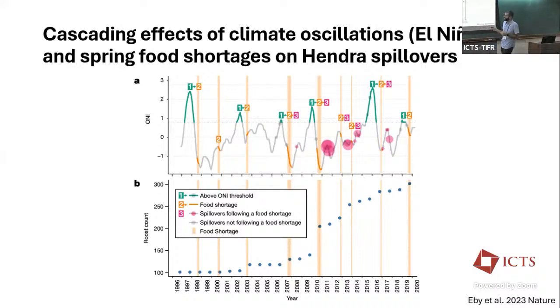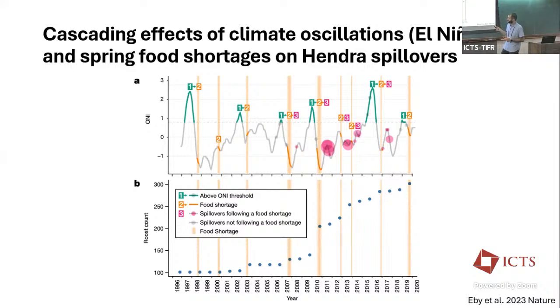First is this effect of El Nino. El Nino has a really strong effect on Australian ecosystems. It really changes the prevailing temperatures and rainfall patterns. So in years where there's a really high Oceanic Nino Index, you have a food shortage that follows that in the spring.